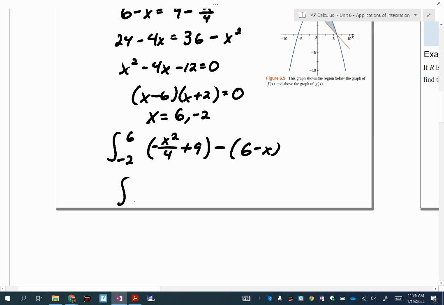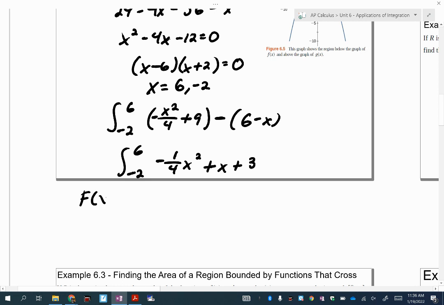All right, so let's do that subtraction. Good thing you have extra room. That's going to be negative 1/4 x squared. Let's see, subtracting a negative x actually becomes positive x, and 9 minus 6 is 3. So let's find the antiderivative. So this is going to be x cubed. All right, I need something that when I multiply it by 3, I get negative 1/4.